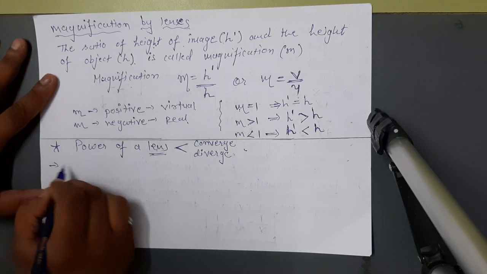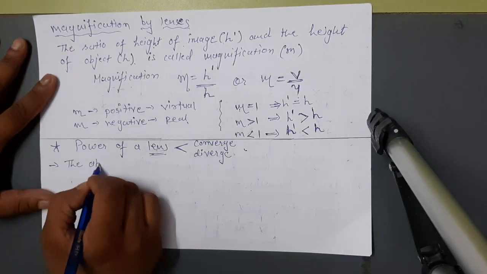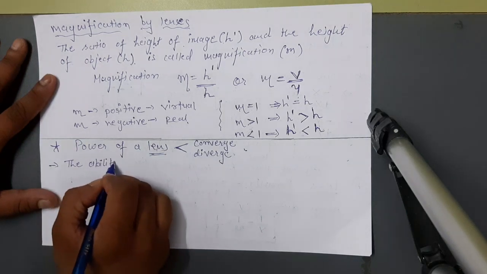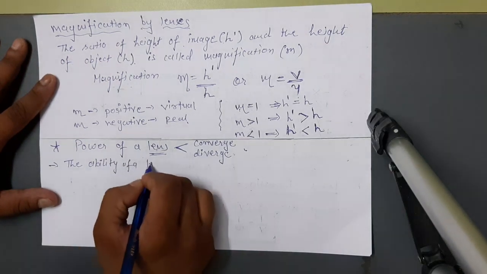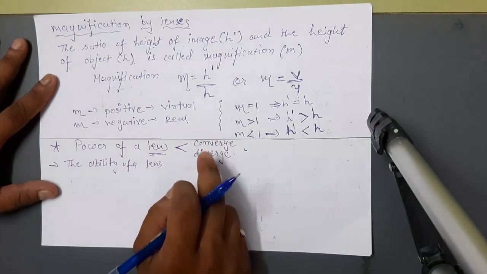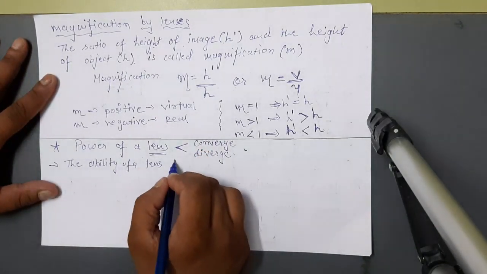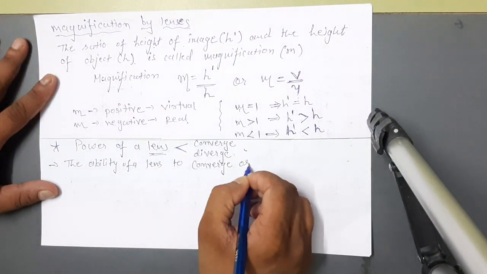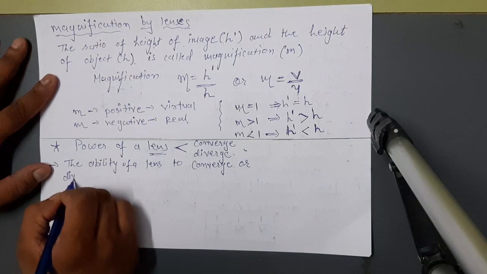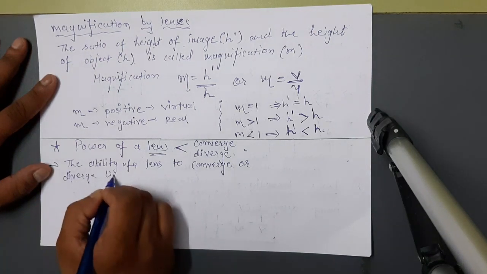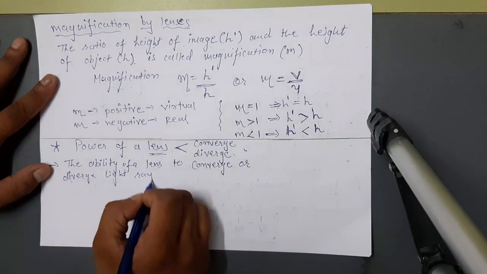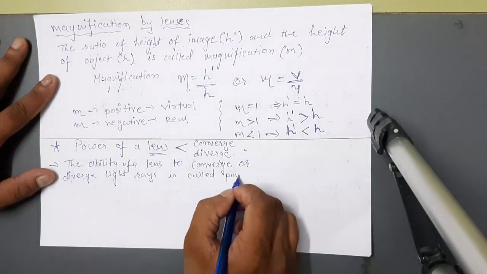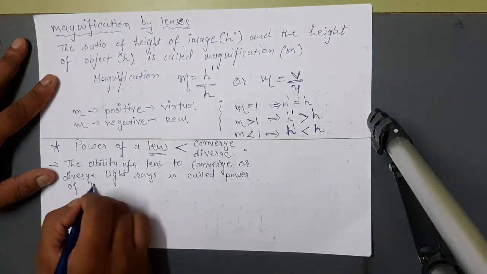We can define it like this, that the ability of a lens, which has only two abilities, to converge or to diverge light rays is called power of lens.